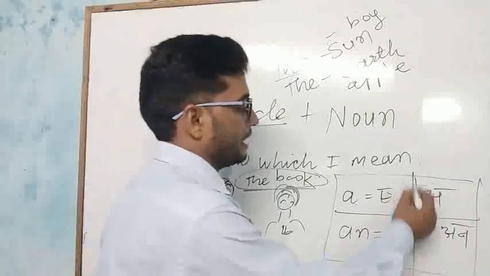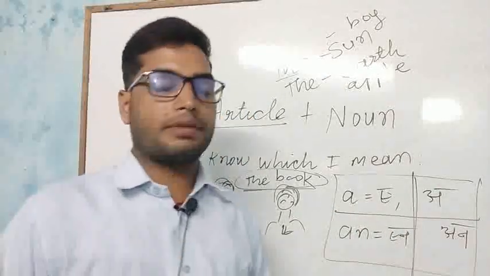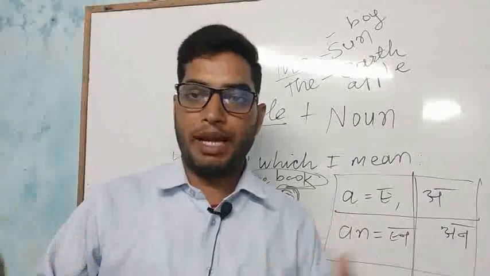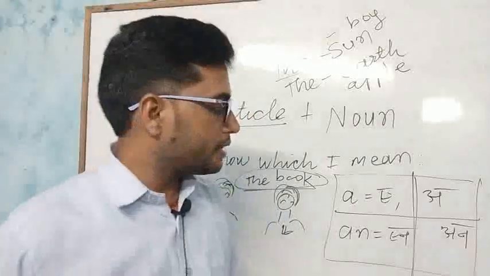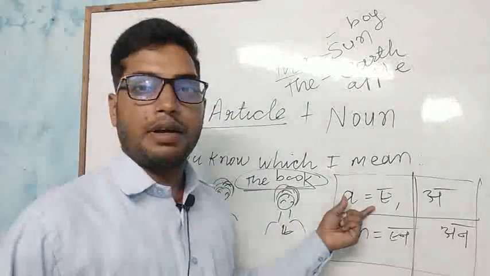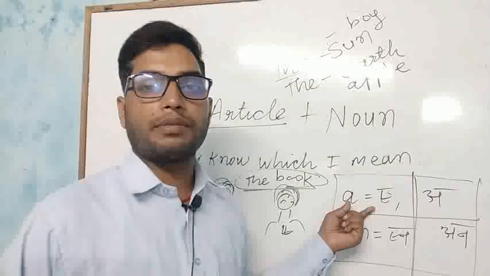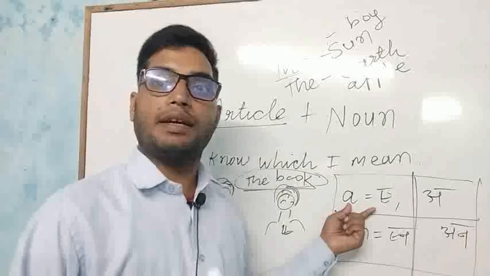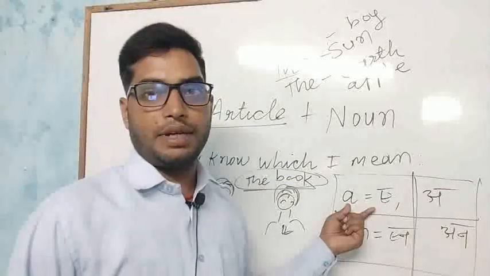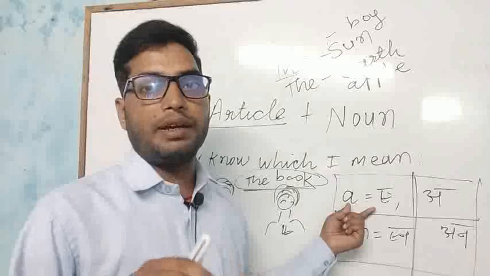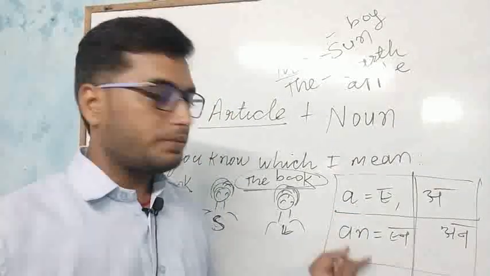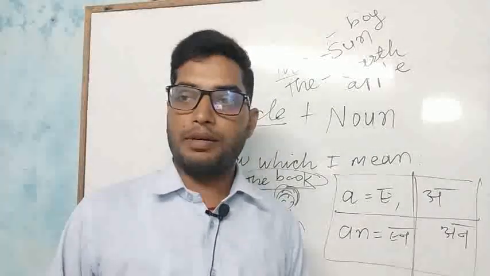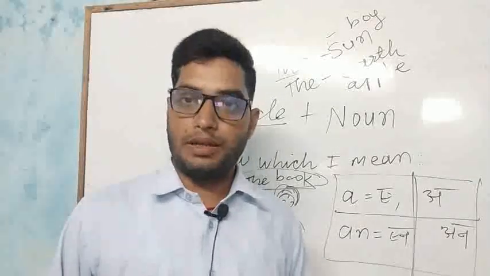But when we stress something before some word, suppose I am making you write some notes, you are writing my lecture, right? So at that place we can call it ay. I have seen a tiger. When we stress one tiger, I have seen a tiger, right? Before tiger we are using a. Or have you seen an apple falling from a tree?